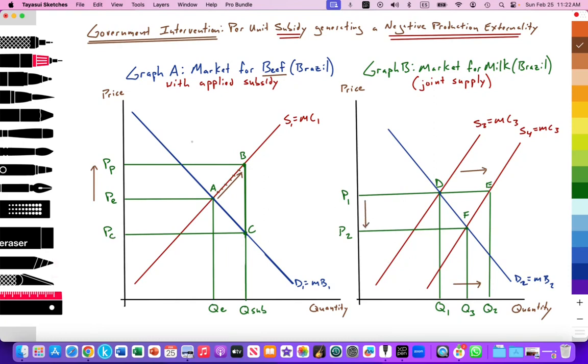Okay. Now let's go back to the subsidy and link it to negative production. First, let's just label some areas so we can discuss and evaluate the impact of this. And we should also include that the subsidy is reducing the cost of production, so the supply curve shifts down.